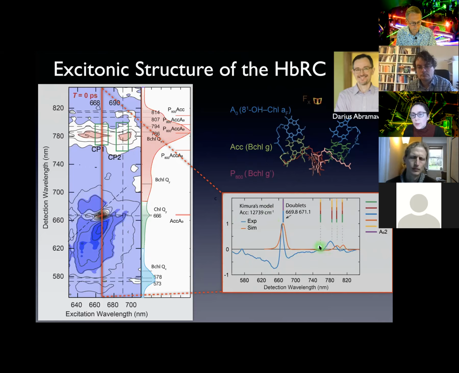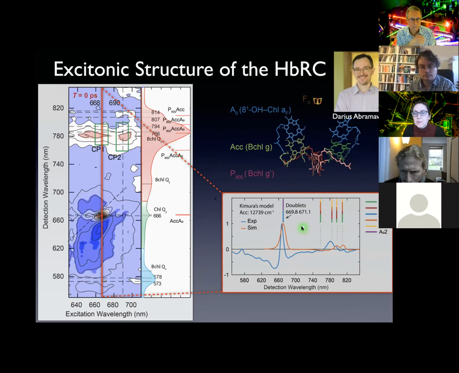We were quite interested in seeing whether there was good agreement or not between the positions of the cross peaks that we observe in our data compared to the model. You can see that there's not particularly good agreement in this cross peak region. Here, the composition of the exciton states is shown in these colored bars.